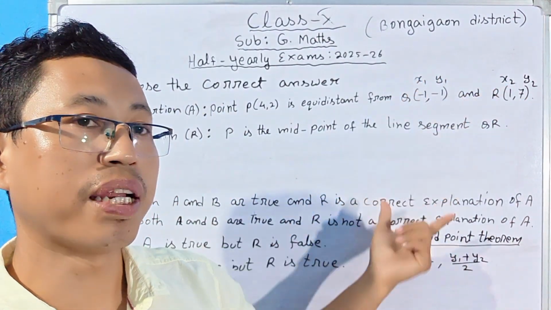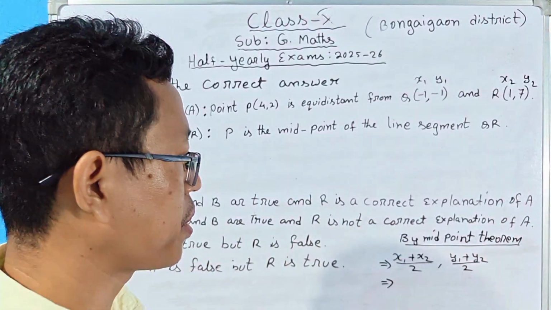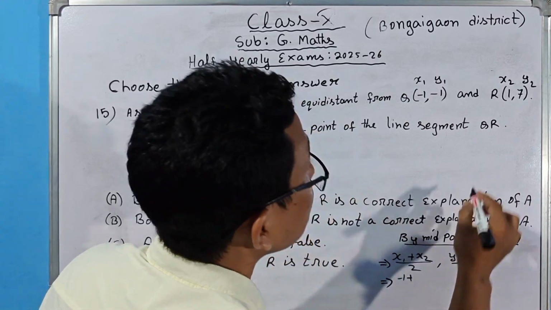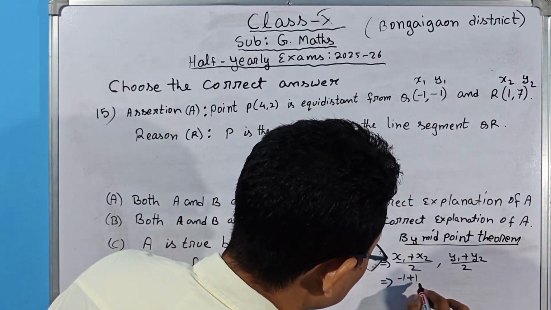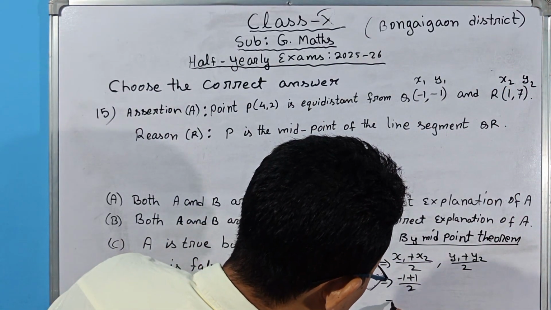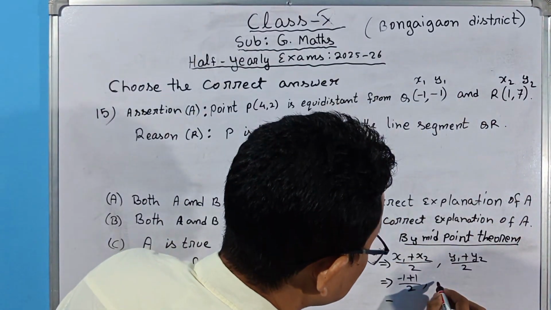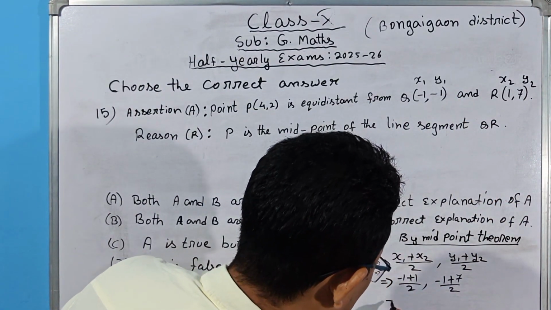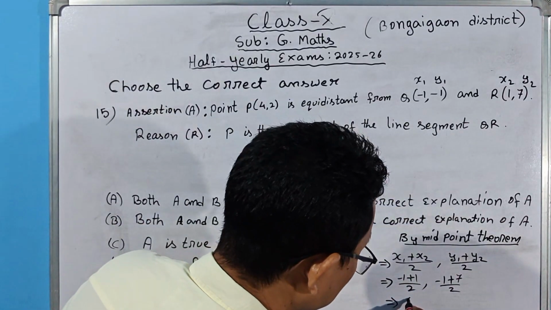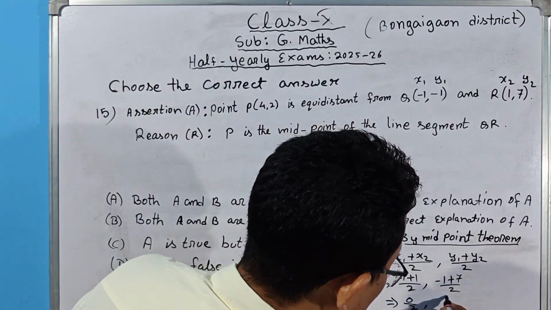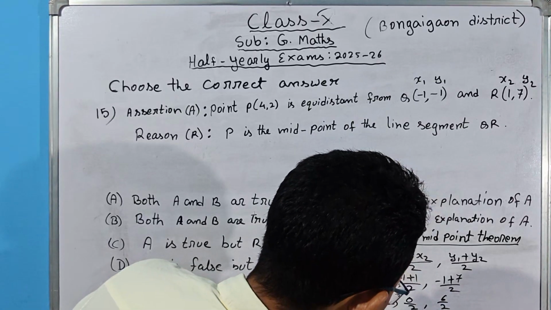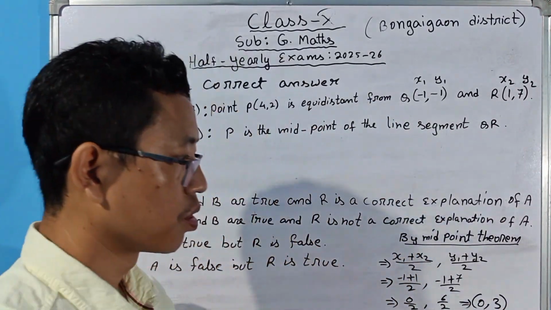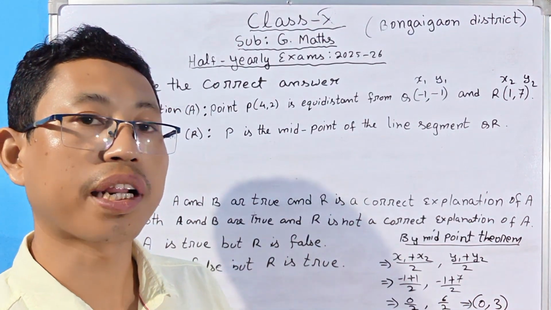So placing the values of x1, y1, x2, y2, we have x1 as -1, x2 as 1, and here so (0, 3) is the correct midpoint.